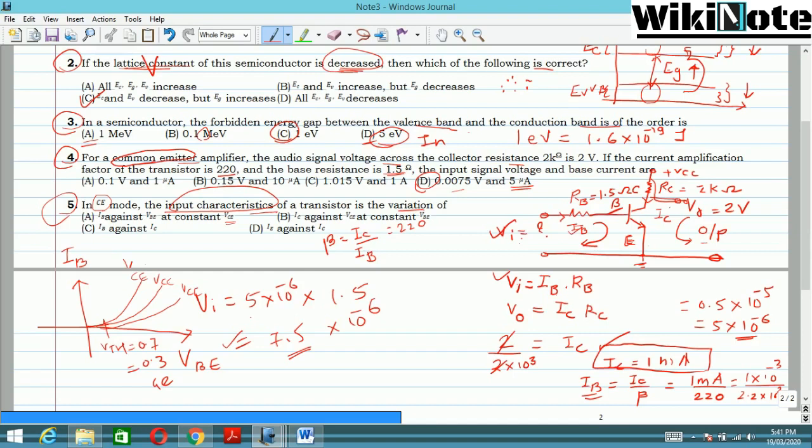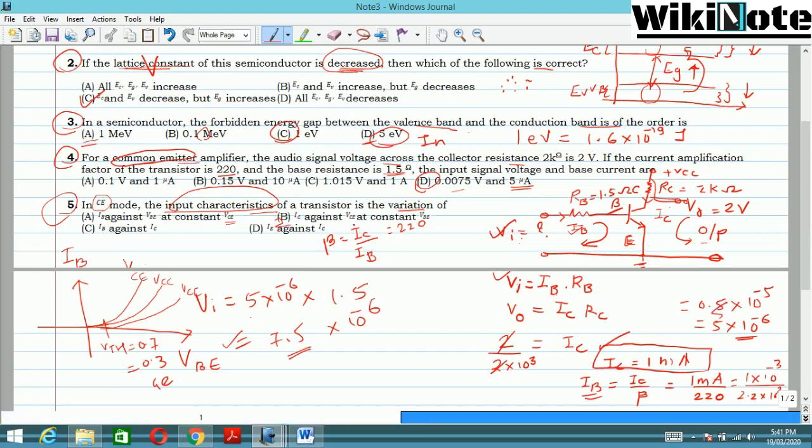If you look at the second option, what is that option? IC against VCE. You can see guys, this is the output side, the current flowing to the output side, that is IC, versus the voltage VCE at constant VBE, the base to emitter voltage. If this is the question, then it will be the output characteristics of a transistor.